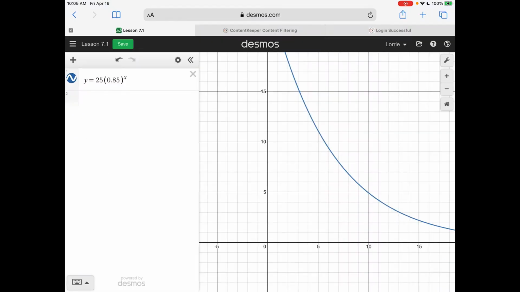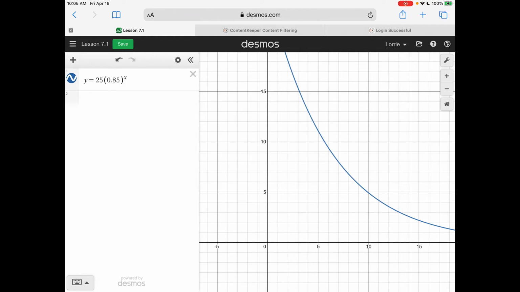Here we are in Desmos. I have my graph plotted, and one thing I want you to notice is that I didn't put t as my exponent, I put in x. Desmos is going to get confused if you use something besides x as your independent variable, so just be aware of that. I want to know what t is when my y value is 8.